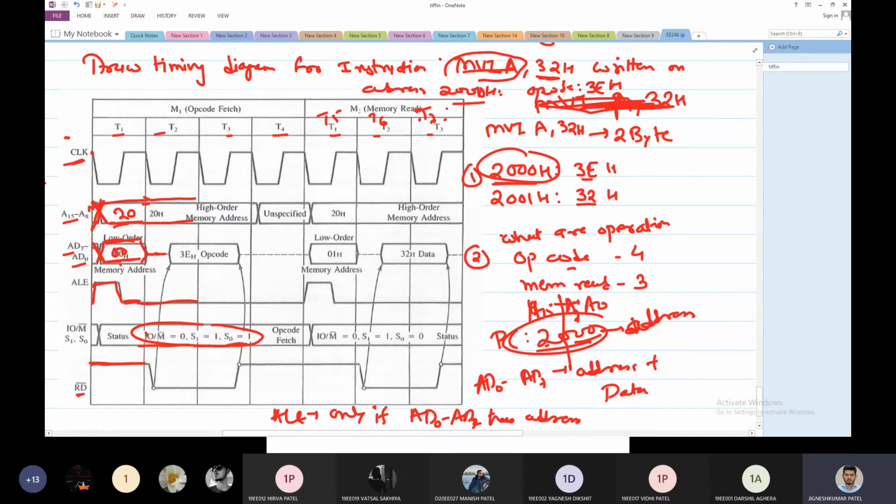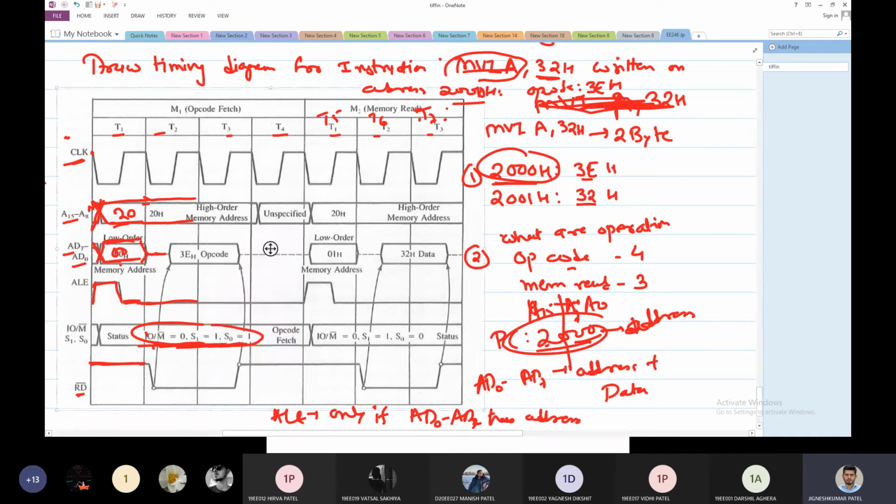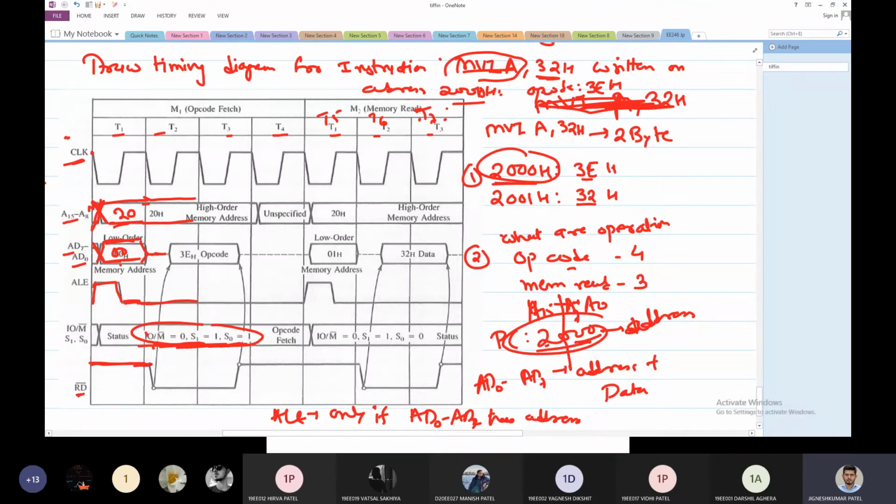The opcode fetch cycle is still going on, so I will not modify this status until 4 T states. Now see, the address is available on the address bus. What I will do is send a read signal. How to send a read signal? By making RD bar low. So after the second T state starts, after some time, I'll send a low signal.